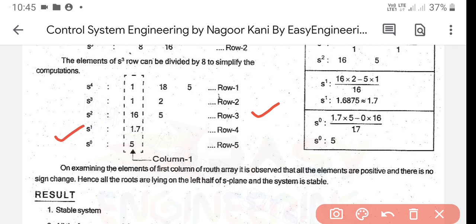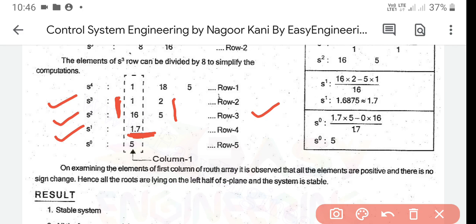S power 1 elements you have to calculate, that is nothing but row 4. For row 4, which rows do we consider? Row 2 and row 3 have to be considered. So if you want to calculate the first element of the fourth row, you have to consider the first column and the second column elements of the second row and third row, that is 1 2 and 16 5, divided by, now which element do you have to consider?